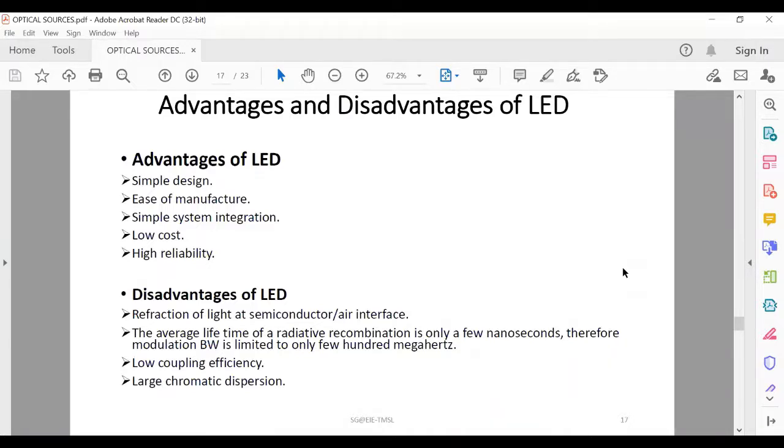Another is that the average lifetime of radiative recombination is only a few microseconds to a few nanoseconds, so the modulation bandwidth is only a few hundred megahertz. It has low coupling efficiency, and it suffers from large chromatic dispersion. So these are the different advantages and disadvantages of LED.